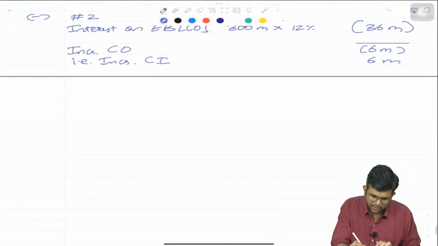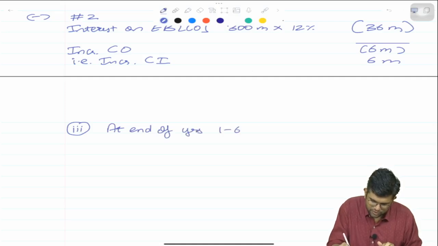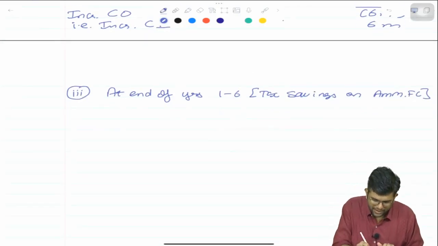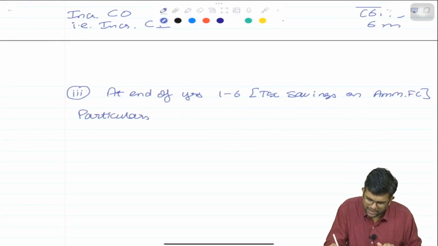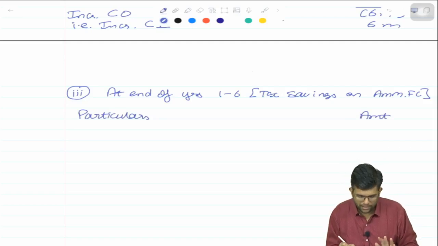I will write here point number 3, at end of years 1 to 6, tax savings on amortized flotation cost. I'll write particulars and I'll write amount.